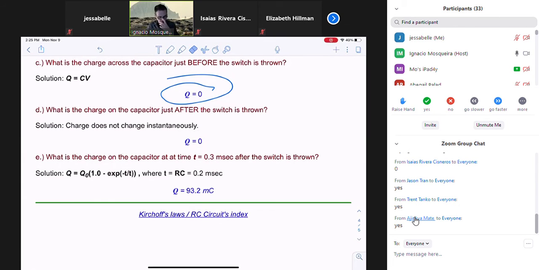Anyway, in the exam, you'll have to figure out, based on the situation, whether you use the discharging formula or the charging formula. It's not a lot, but you'll have to do it to solve this multiple choice question. In this one, the Q0 is the final charge.